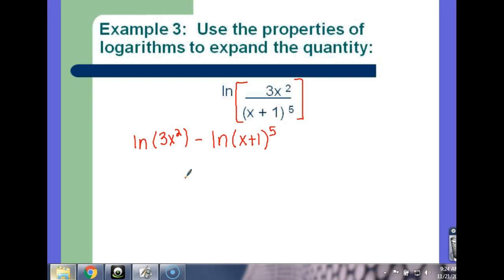What do we know about two things being multiplied together? It can turn into addition. So this needs to become the natural log of 3 plus the natural log of x squared minus the natural log of x plus 1 to the 5th.